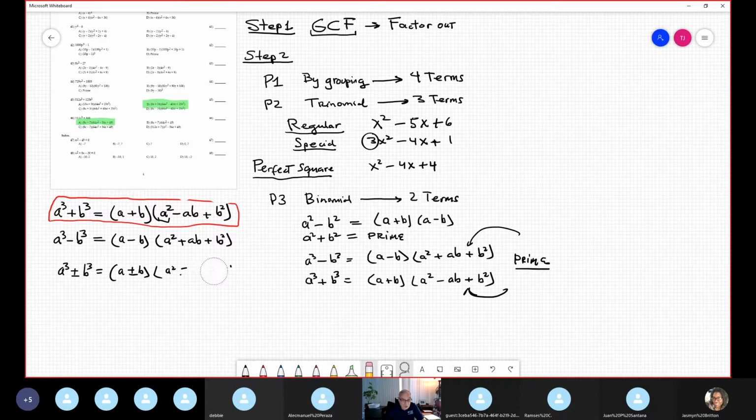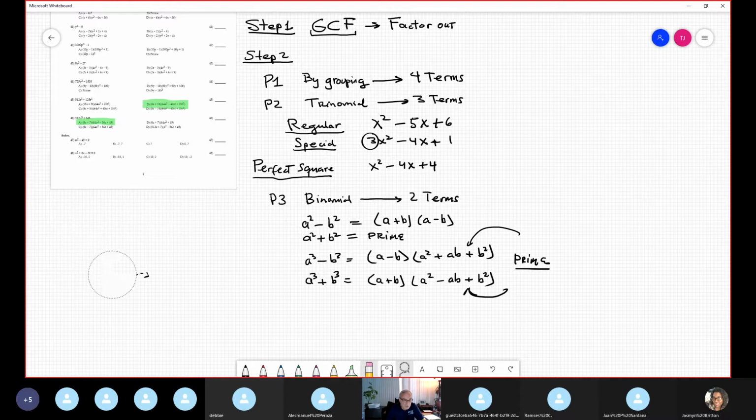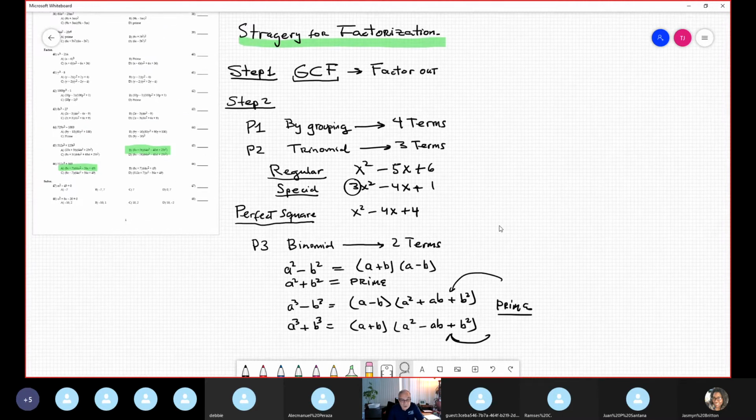Okay, any question? This is the strategy for the factorization. Okay, some people, for example, don't remember the GCF first. This is extremely important in my opinion.